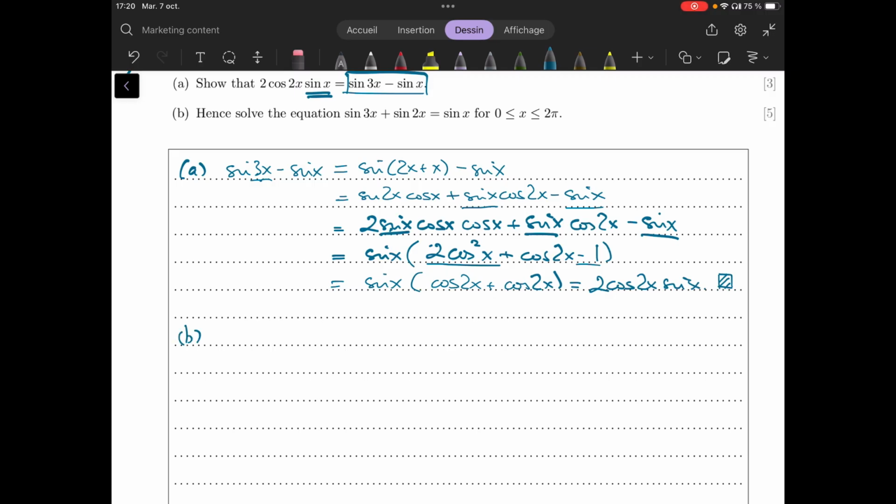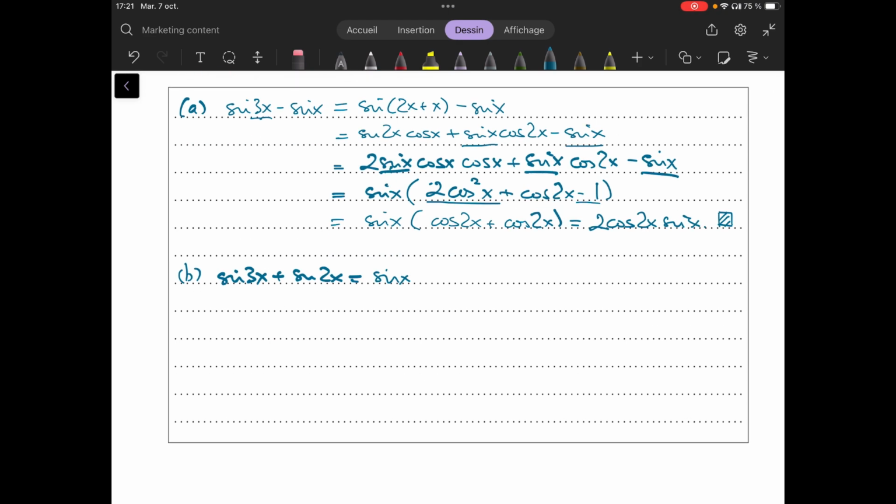In part B, notice the word hence. You have to use the result. We have sine of 3x minus sine of x from part A. So why don't we subtract sine of x from both sides?